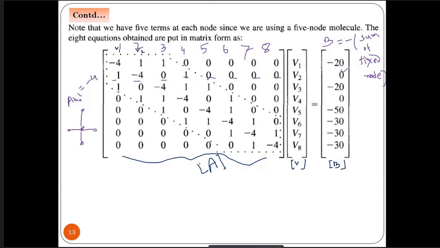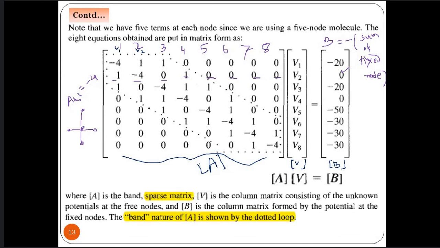So using this particular shortcut method, you can also write down this banded matrix directly from the given figure. Then you have to write down the MATLAB code to solve this matrix. If the dimension of the matrix is not very high, you can solve it manually.